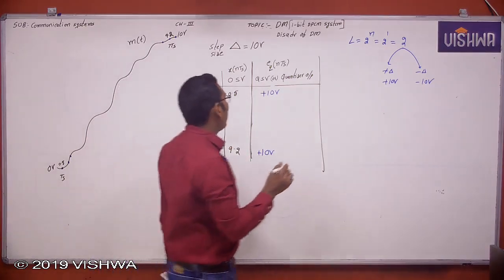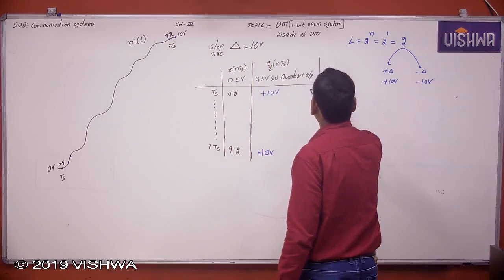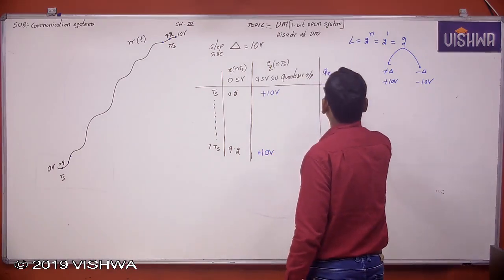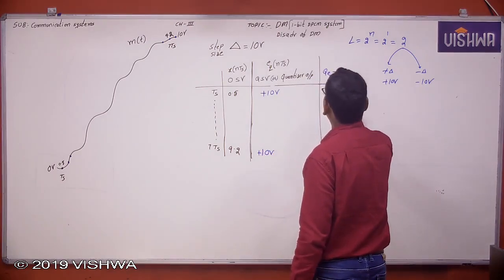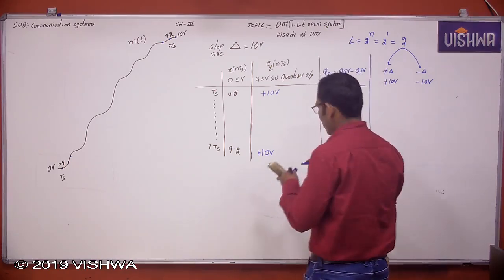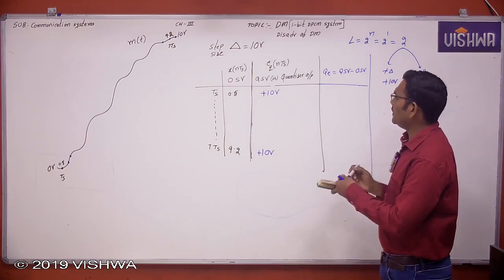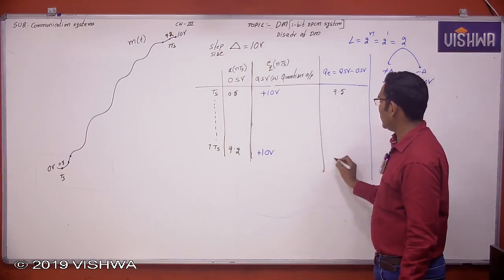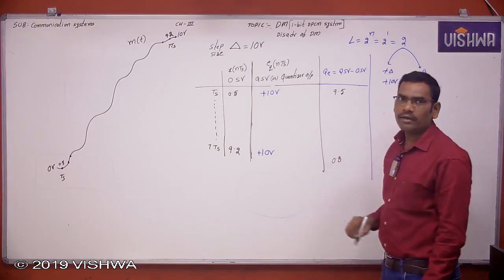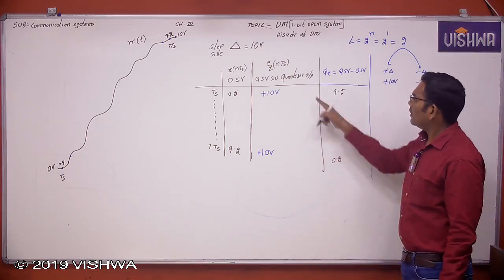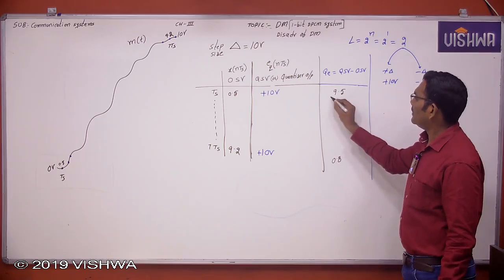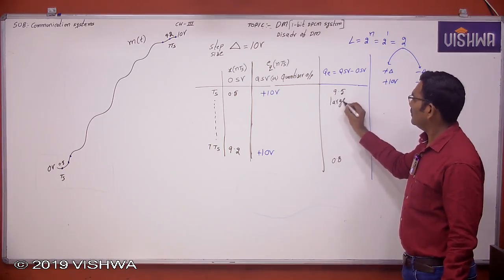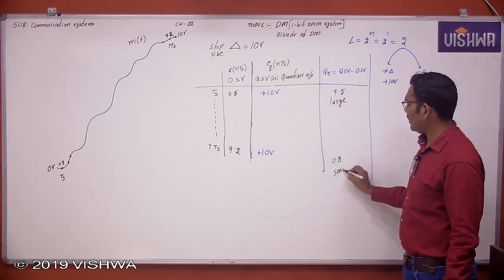Now what is the quantization error? The quantization error is nothing but the quantized sample value minus the original sample value. Now see here the quantization error is 9.5. Here the quantization error is 0.8. What is your understanding? Here this is a large error and this is a small error.